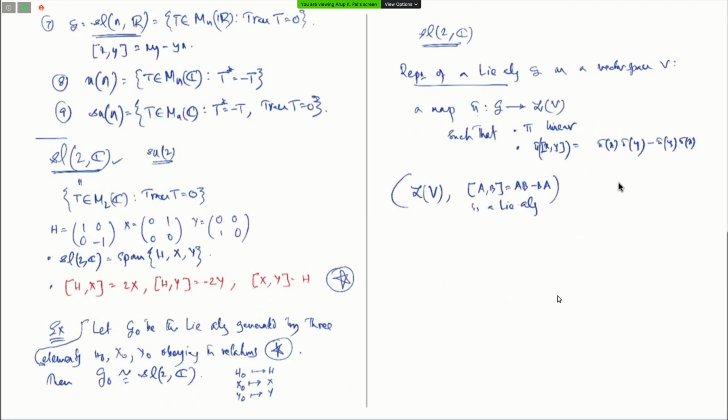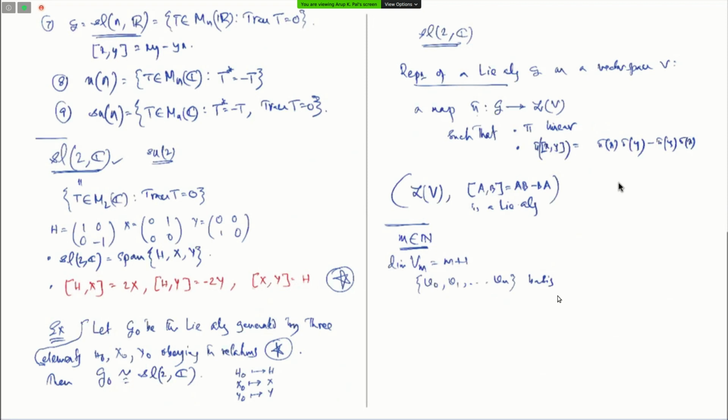So now let us take a natural number m. Let us take a vector space of dimension m plus 1, and let's say this is a basis.